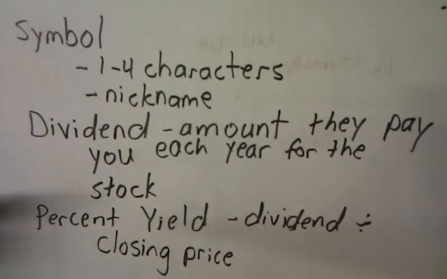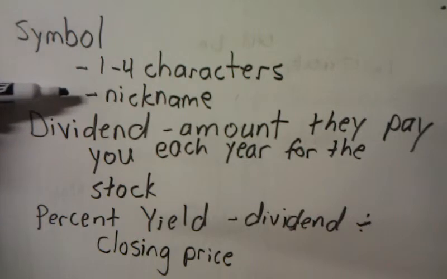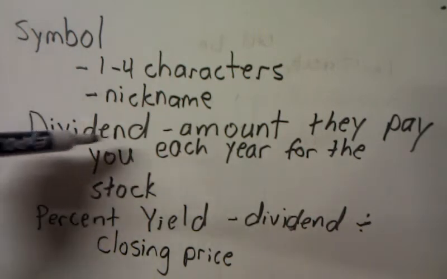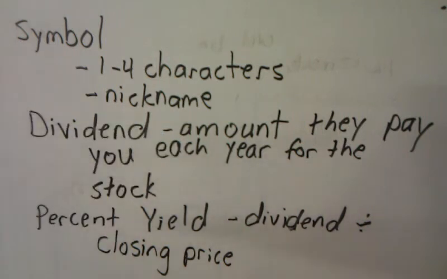Okay, we said that a symbol is 1 to 4 characters. It's the nickname of the stock. We said that a dividend is the amount they pay you each year for the stock.